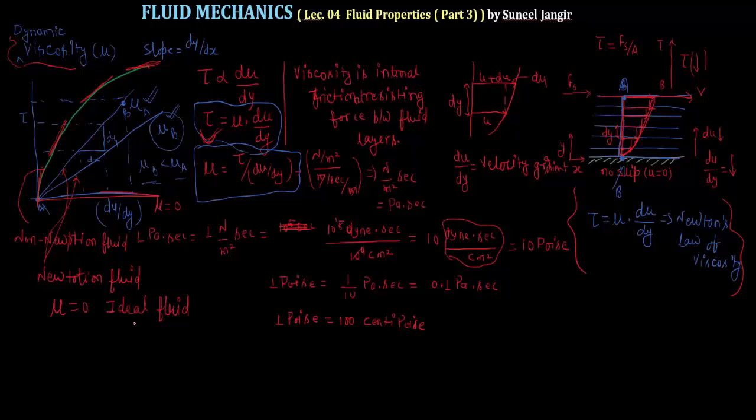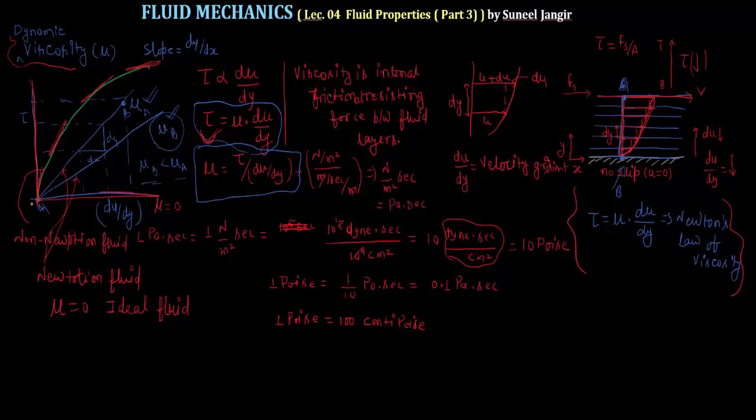When the viscosity is 0, it is termed an ideal fluid. Alright, now let's consider this one, the y-axis. Here mu is not infinity actually.